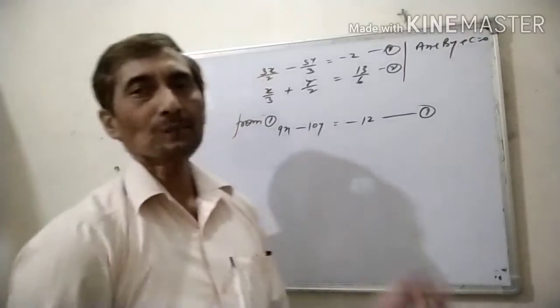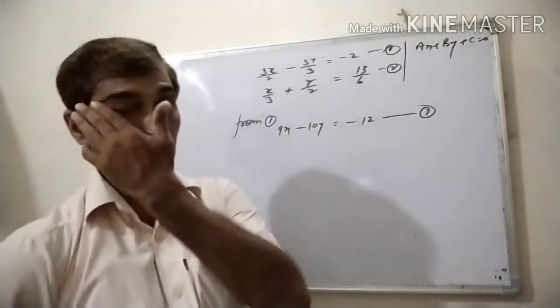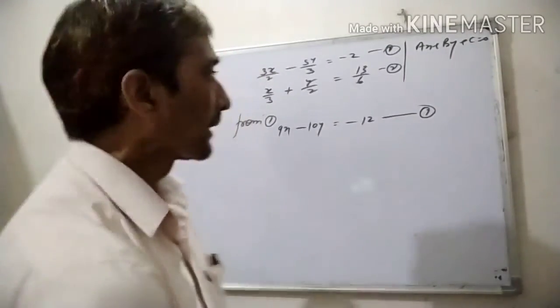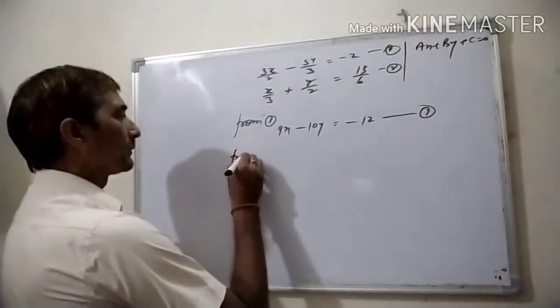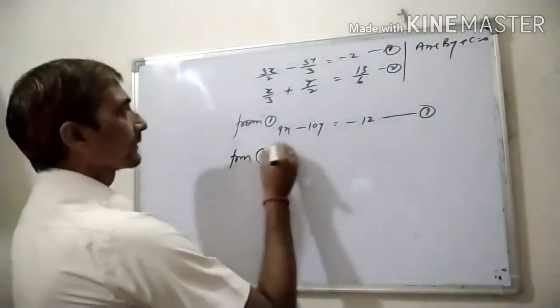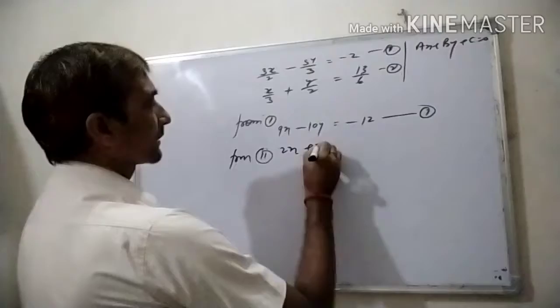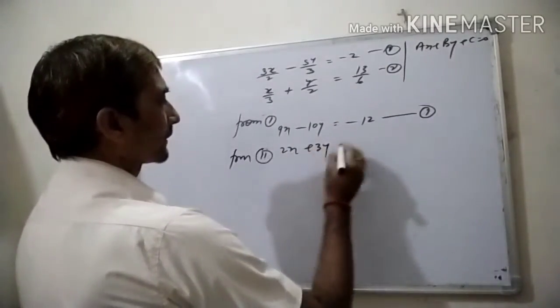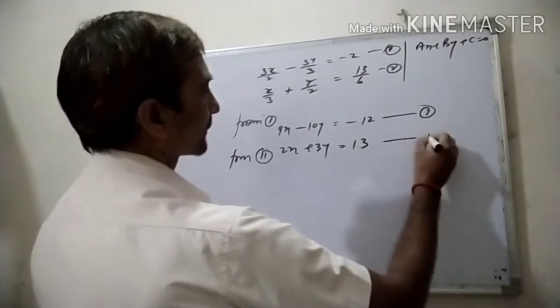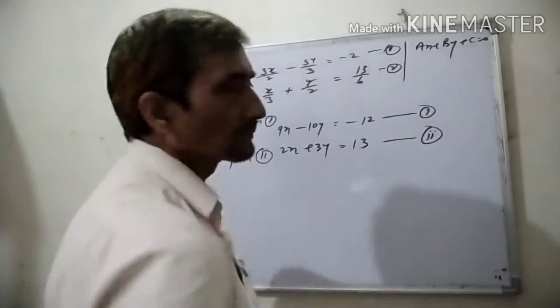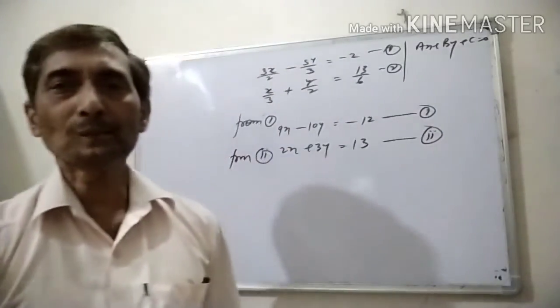And from equation number 2, after taking LCM, 2x plus 3y equal to 13.